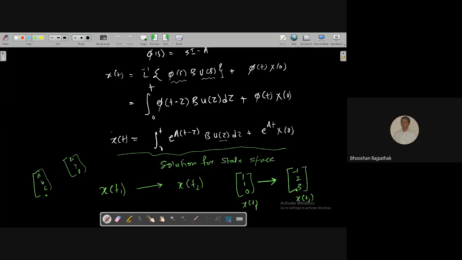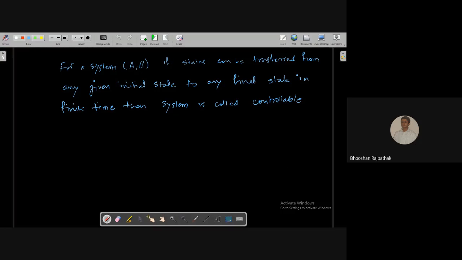I should be able to do it. If I can do it, then the system is called controllable. So you can imagine how strict this definition of controllability is. We are saying any final value from any given initial value in finite time.